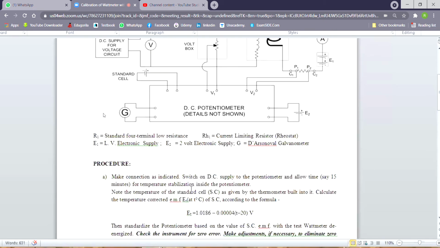Now, once a fixed input is going to the potentiometer in standardization, fixed resistances are connected, and just by changing the knob there is an internal rheostat present inside the DC potentiometer, kept in series with the applied voltage E2. This resistance is not visible from the outside; it comes in the form of a rotating knob. There is a coarse adjustment knob and a fine adjustment knob.